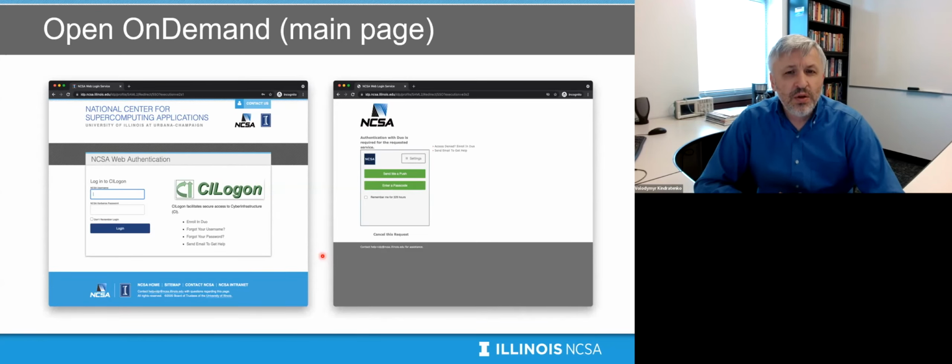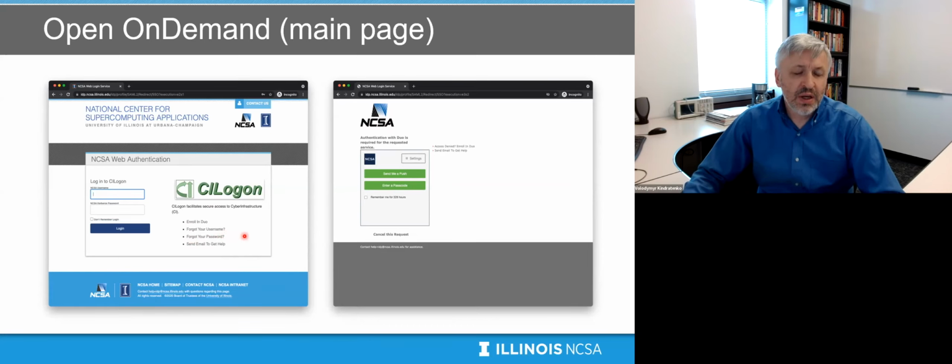So first of all, when you log into Open on Demand, if you go to the website, in the second slide of this presentation I included the link to Open on Demand. If you go to that link and click on the login button, you will be brought to this web authentication interface.